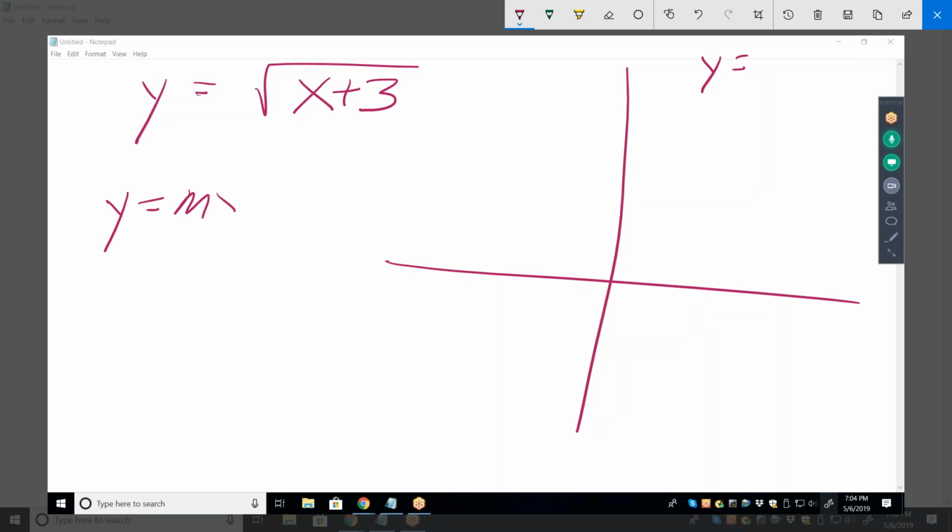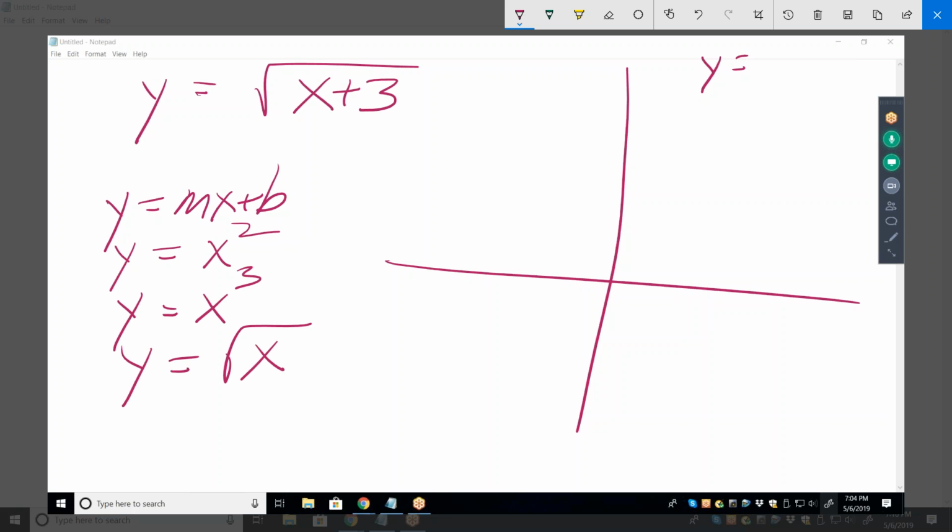You've learned this one, it's linear. You've learned this one. Which one of those is our elementary function for this particular case? y equals root x. Okay.